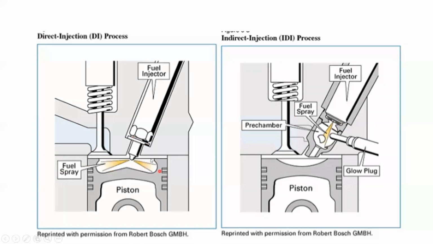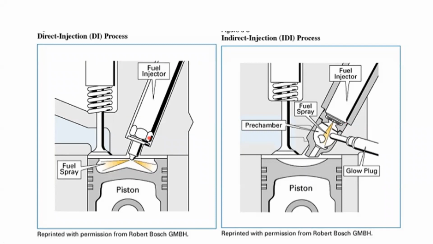So this can reach higher pressure. Indirect is understandably smoother. Direct injection can produce more power. This needs more fuel and this needs less fuel, because the combustion chamber is large, right? At the moment, direct injection is popular.